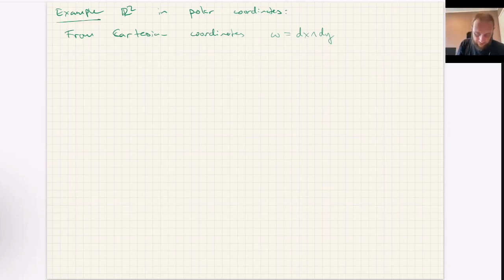Now I can express here, okay, that did not want to work. I can express dx. So let me just write that x is, of course, r times the cosine of theta. y is r times the sine of theta.